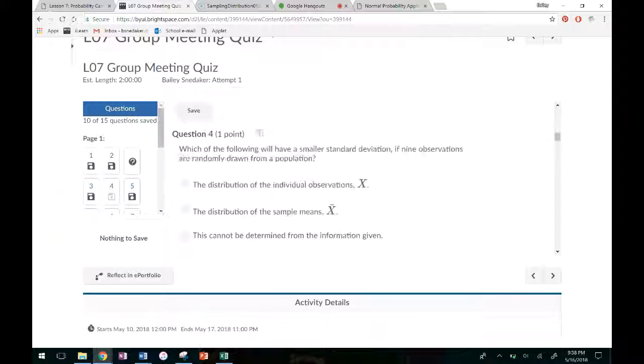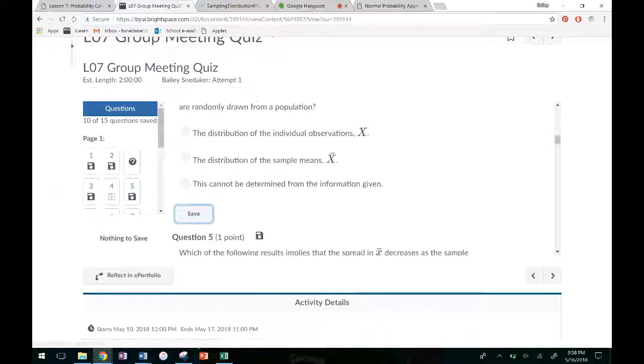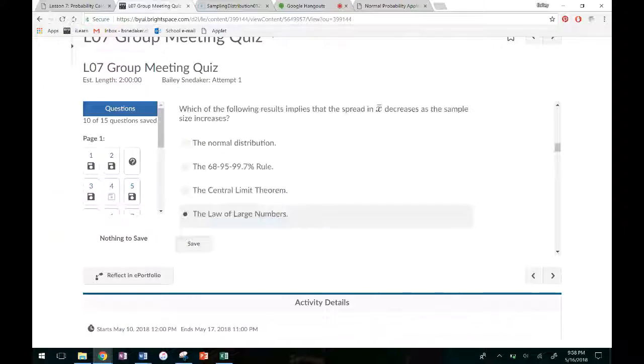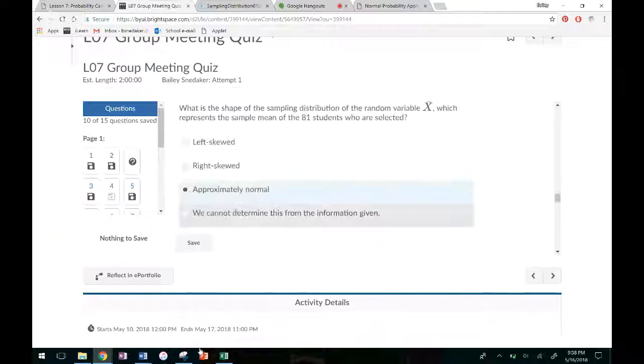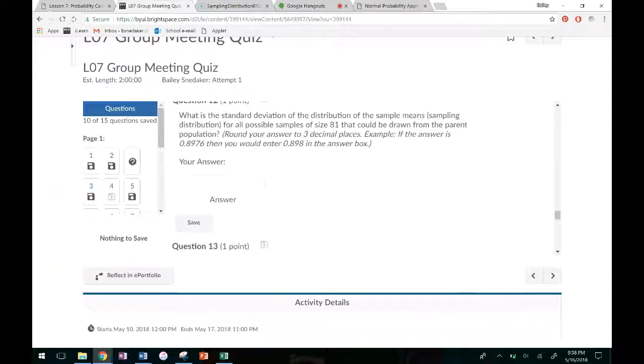Okay, so the next is what is the standard deviation of the distribution of the sample means for all possible samples? So does that mean... Okay, so all we have to do now is divide the population standard deviation by the square root of n, the number of samples.